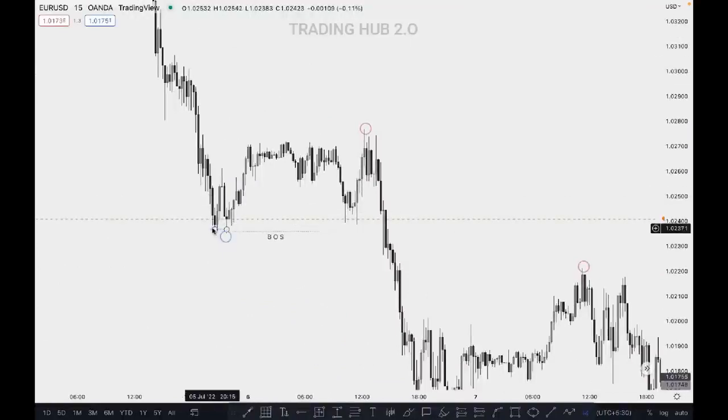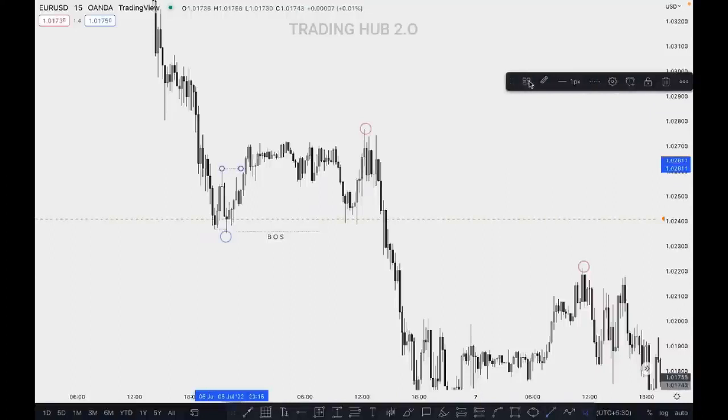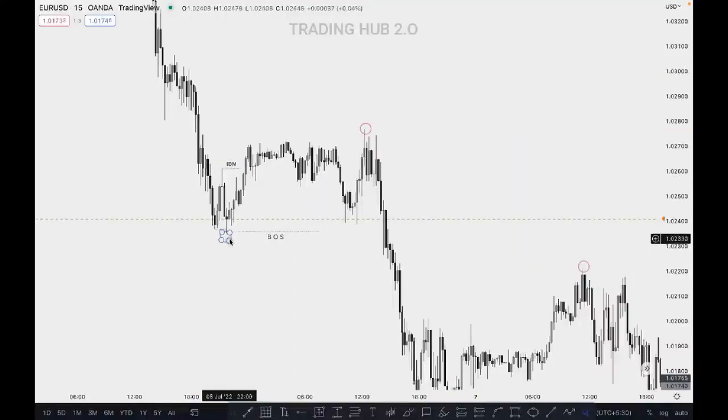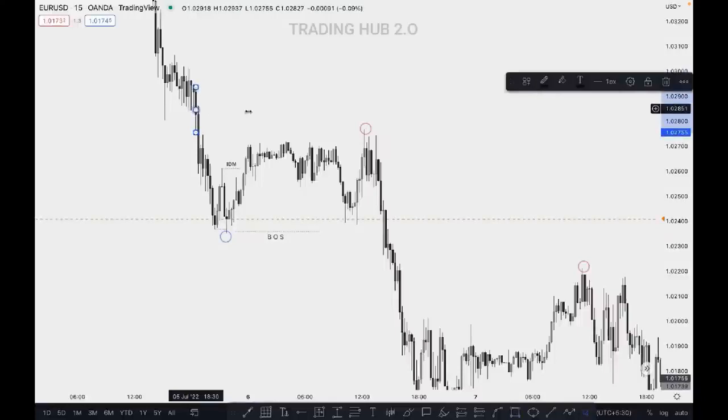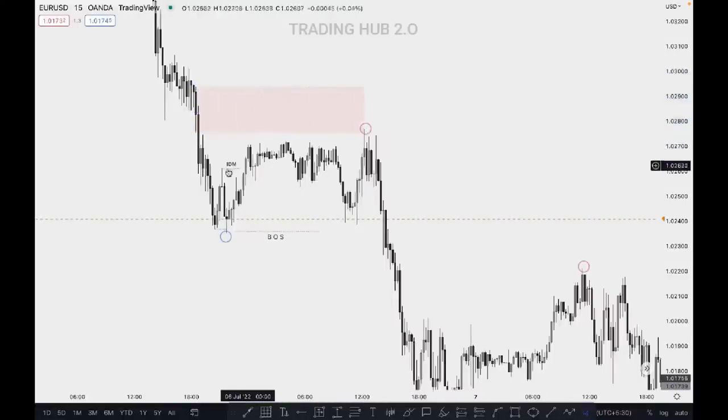Because the market took out the previous low here, and then the market took out this inducement, correct, and after taking out this inducement this low is confirmed. So this becomes our lower low, and where is our next PD array where we can sell? Now you can see this order block is here, because this one is already mitigated.